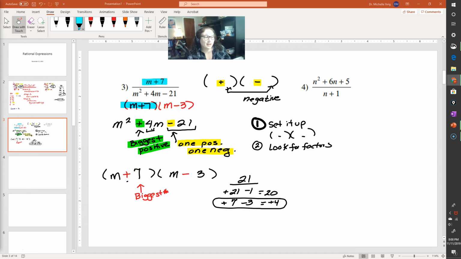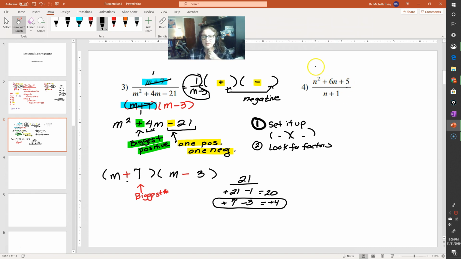You can just use the diamond method. I don't feel confident enough to go over how to do the diamond method, but that is another way you can do it. Absolutely. So now that we've done our factoring, we can divide these out to get 1. So I'm going to be left with 1 in the numerator and m minus 3 in the denominator.